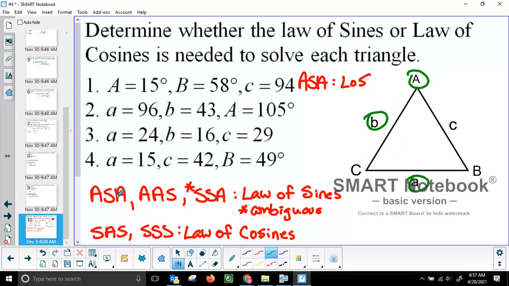You can always flip these. So this is the side, side, angle case. This is law of sines, but we have to be careful. It would be the ambiguous case, so we would have to check how many triangles we can have.